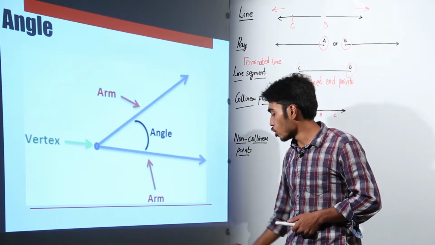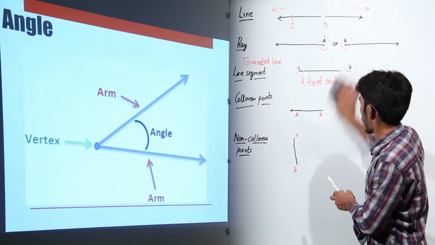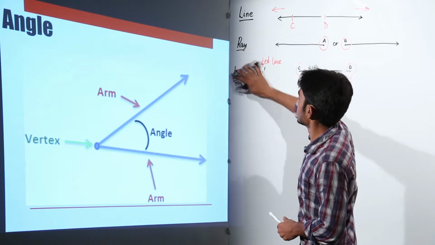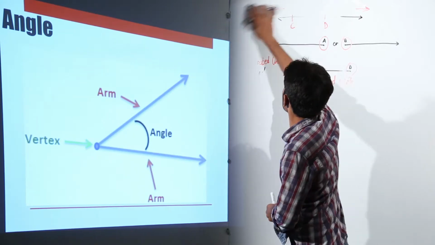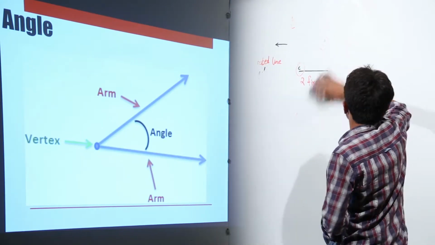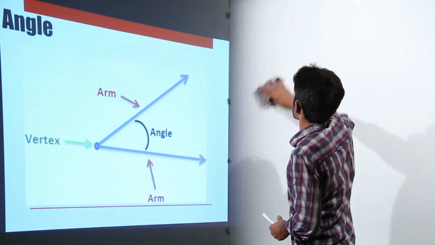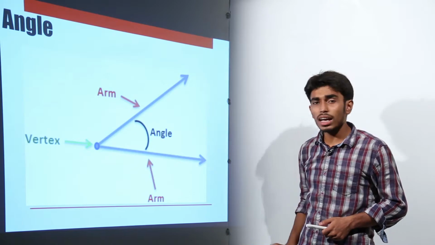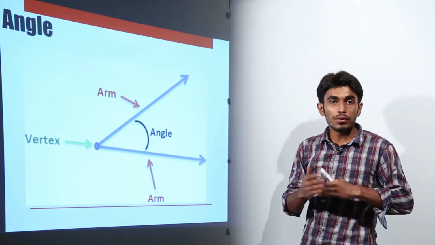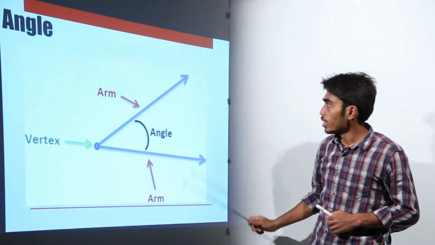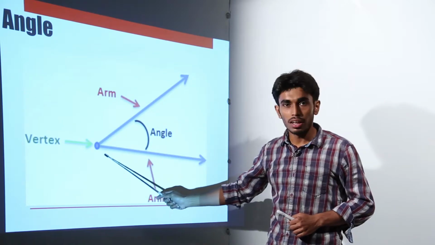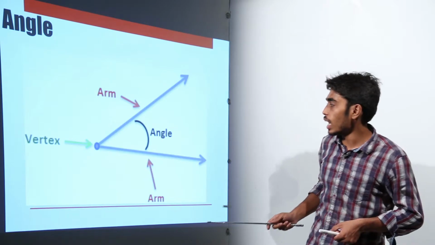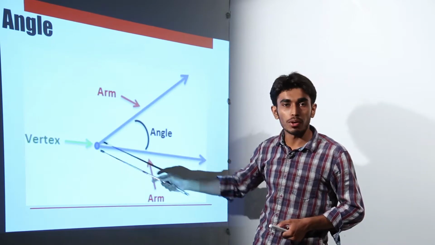Now let's talk about angle. Now what is an angle? Angle is nothing but, if we take two rays, here I have taken one ray and another ray, and both the rays are intersecting at a point, this point, right?